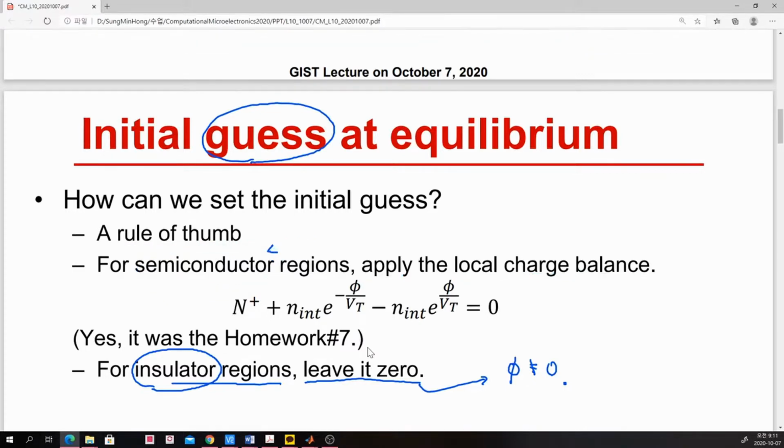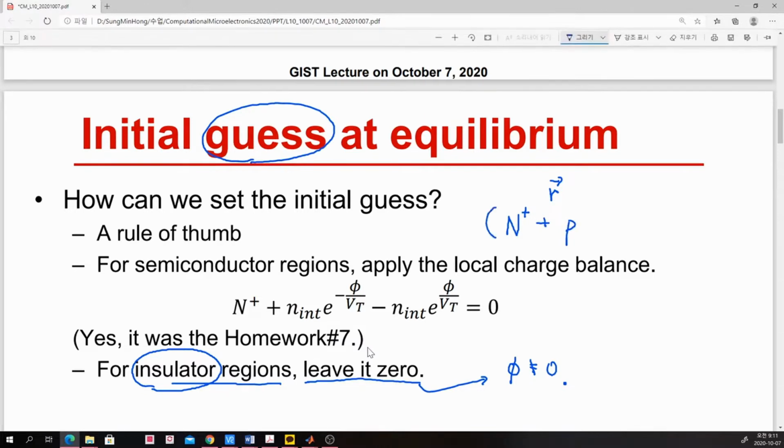Simply speaking, at a given position R, we have to have the balance between the positively charged quantities, like positively charged dopant and hole density, and the negatively charged one, that will be the electron density. They should be balanced. That is local charge density.